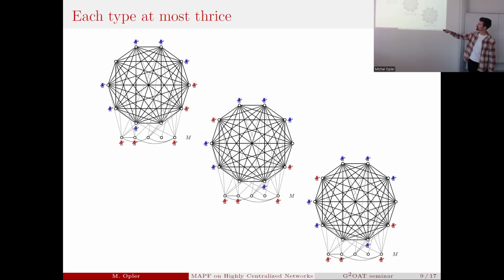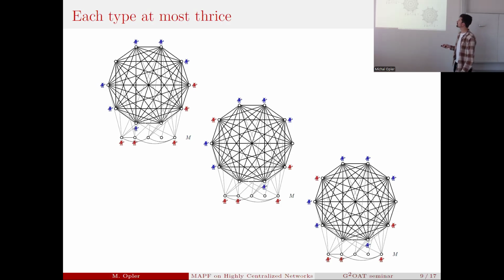So on the clique, we have some initial state here and some final configuration here, and then we just use the lemma to do this transformation within 2 steps. So in this way, whenever a type appears more than 3 times, then its first occurrence and last occurrence are more than 2 steps away from each other, and we can shorten it by doing this.